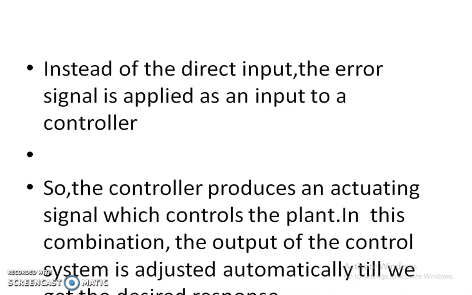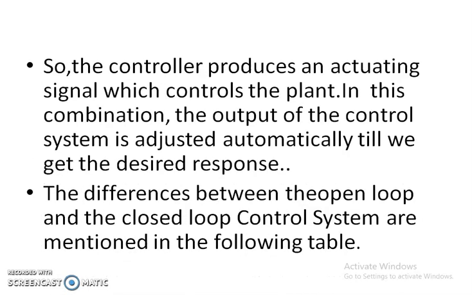Instead of the direct input, the error signal is applied as an input to a controller. So the controller produces an actuating signal which controls the plant. In this combination, the output of the control system is adjusted automatically till we get the desired response.